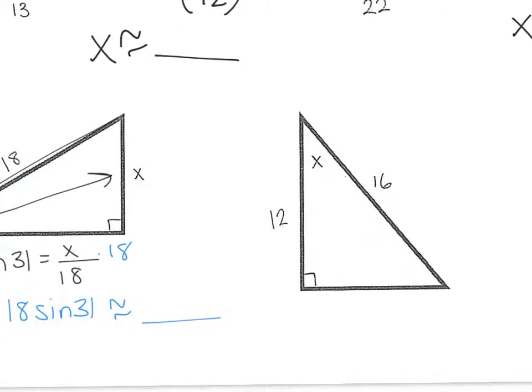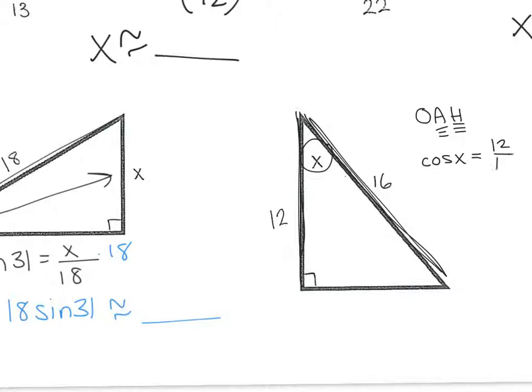For the next one, I'm trying to find the angle, so I'm going to use the inverse button. I write OAH, and with x, I know the adjacent and I know the hypotenuse, so I'm going to use cosine. The cosine of the angle measure x equals 12/16.